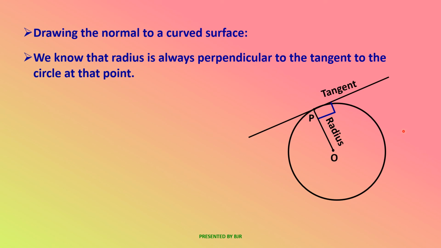So to draw the normal at any point on the curved surface, we have to draw the tangent at that point. Then we have to draw the radius. The radius is always perpendicular to the tangent drawn at any point on the given curved surface.